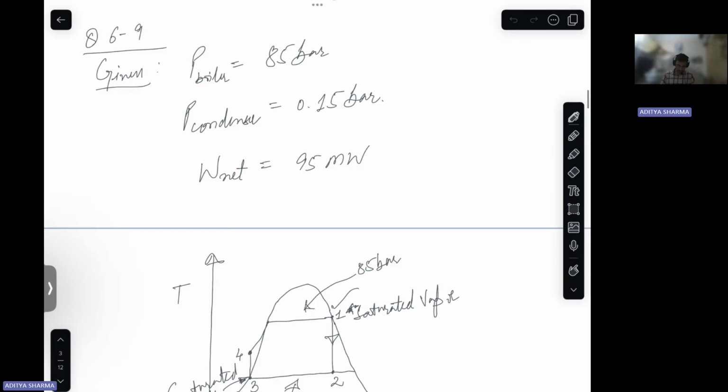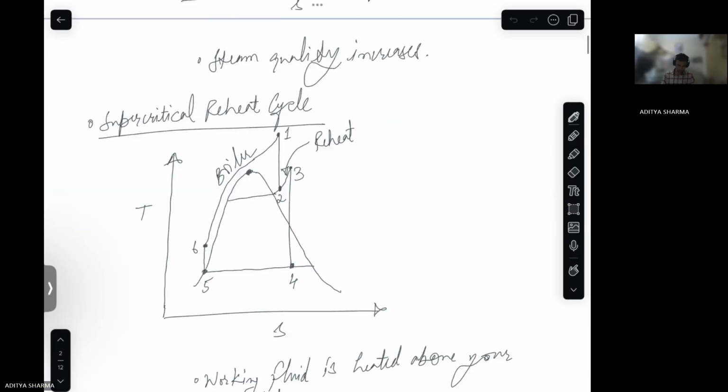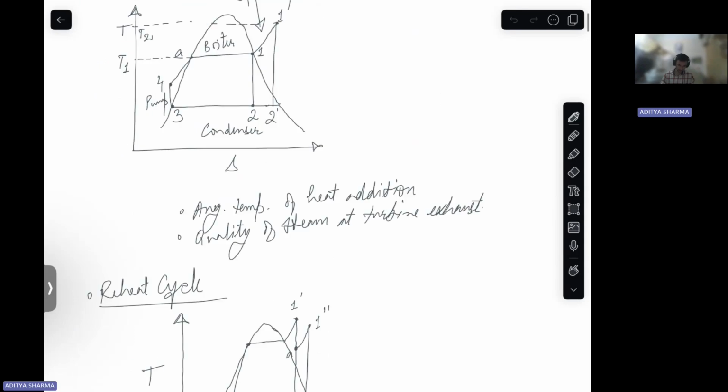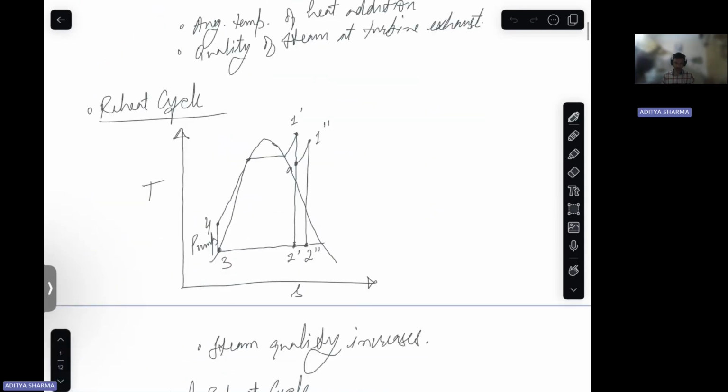If I have drawn a reheater, yeah, so this is your, okay, this is your superheater. So this is basically your reheat cycle. Okay, so if you see here, one case is where you are moving from 1 dash to 2 dash, right?